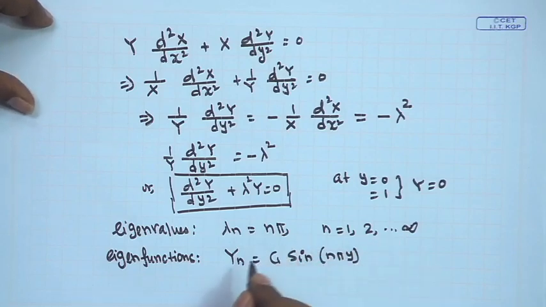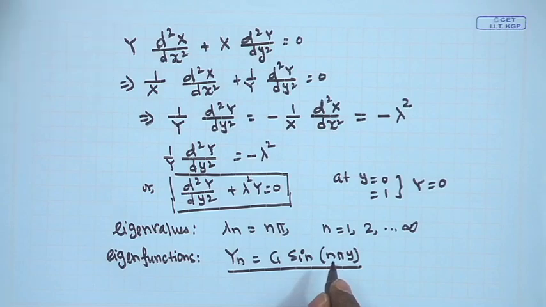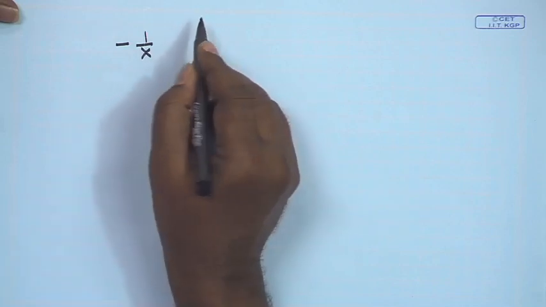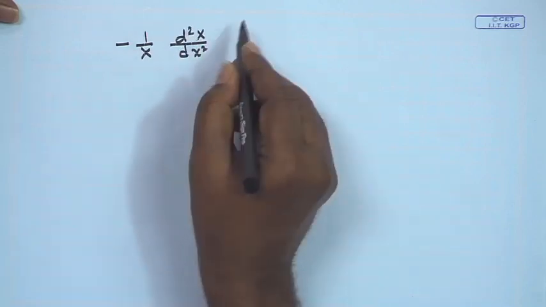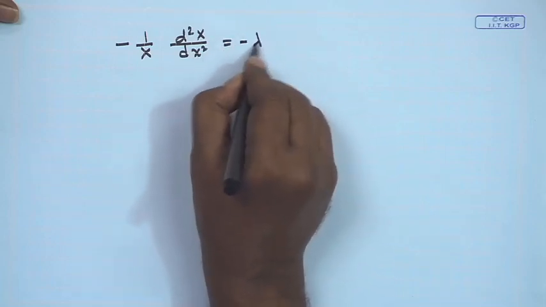So, these will be giving the solution of y varying part. Now, let us look how the solution of x varying part will be obtained. So, if you look into the x varying part, that is very important, minus 1 over x d square x dx square is equal to minus lambda n square.